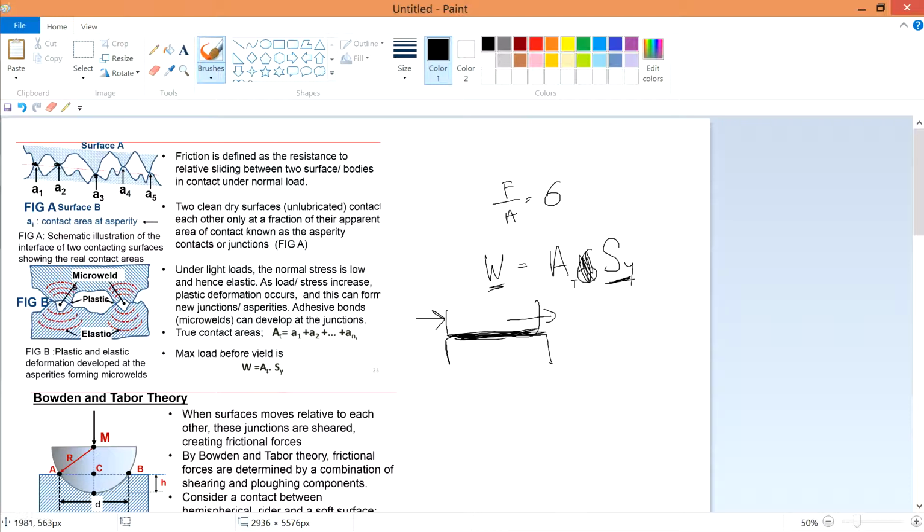If you have a load that is larger than this one, for example, if this is 30 kilonewton, and the force is 40 kilonewton, then this will most probably cause friction to occur. Therefore you will scrape away some part of the material. The harder one will scrape away the softer one, or either way. So be careful of that. At least you get a meaning of how this equation comes about, and how it relates to what you have learned.